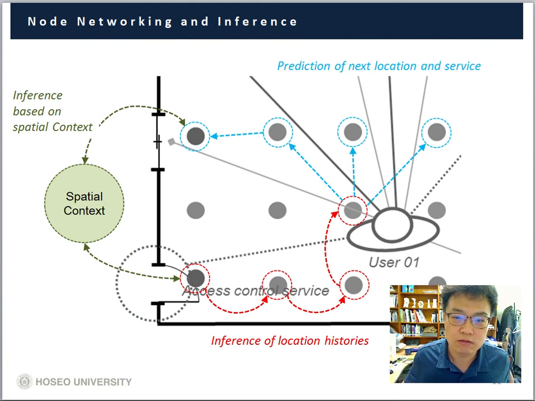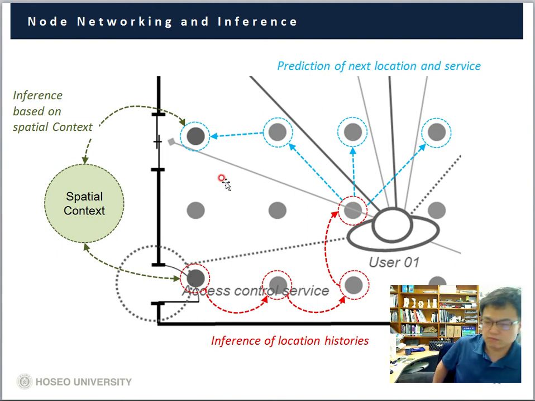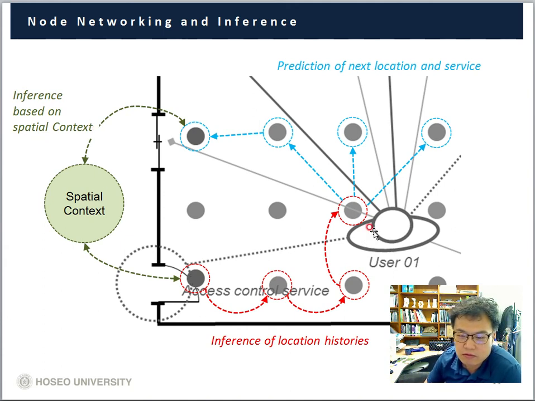Here, node networking and the inference. So with this idea we can infer the user's location. Using spatial context, as the user moves, the system predicts the next location and the next service.